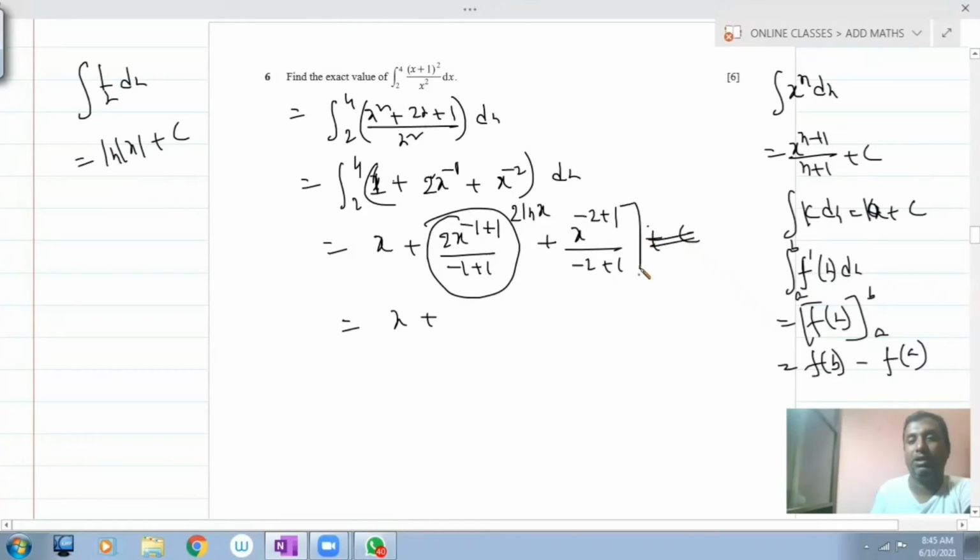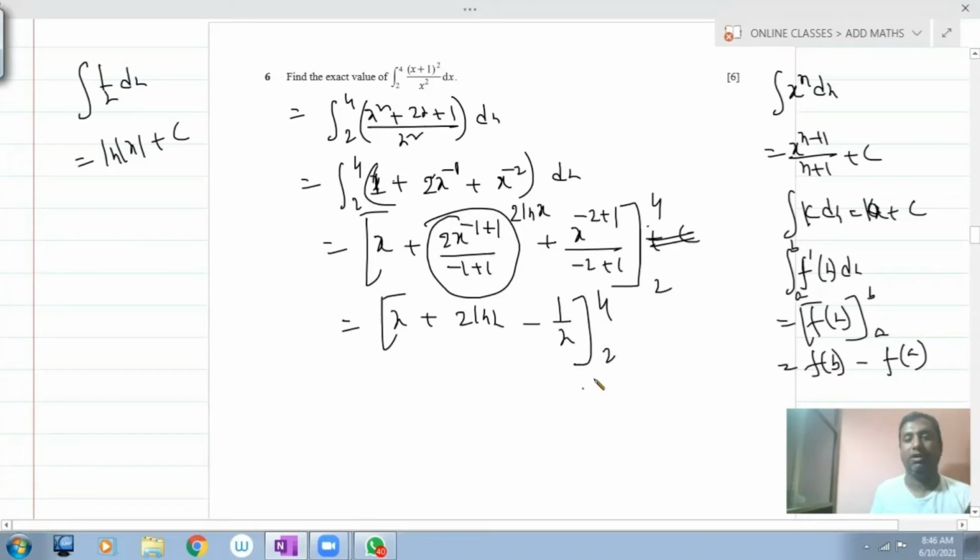Now the limits will be there. You must use the limits 2 to 4. Then 2 ln x, and there should be minus, because minus 2 plus 1 is minus 1, the next term is minus 1 by x.